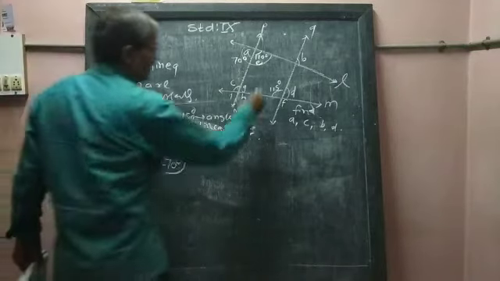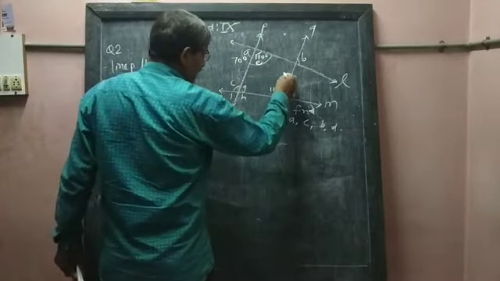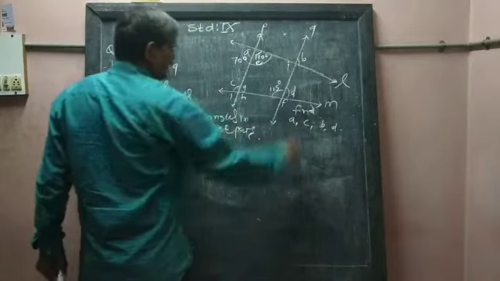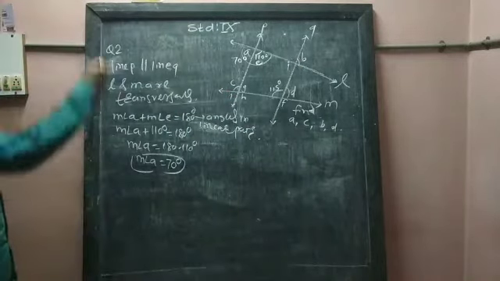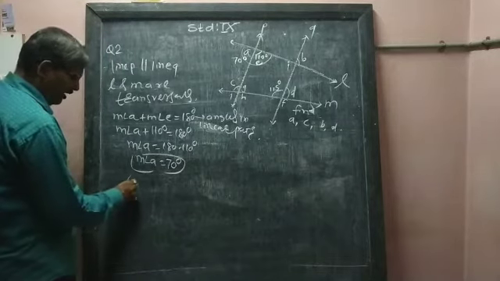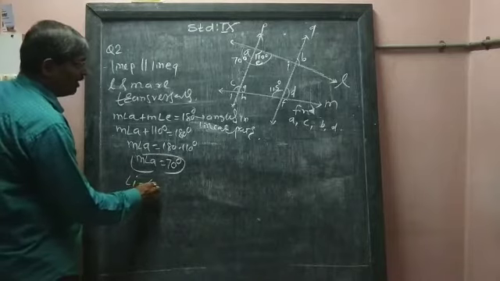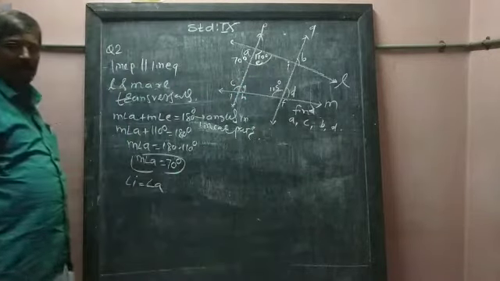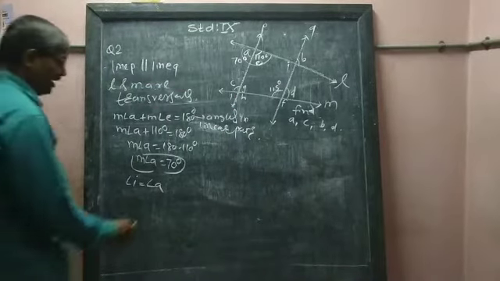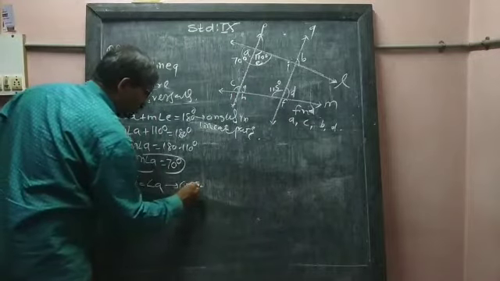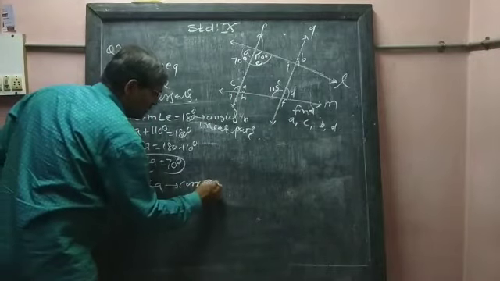Now among E, F, G, H, I, I will take the letter I because you want to find B. So angle I is equal to angle A. And what is the relation between angle I and A? These are corresponding angles. So mention here corresponding angles.